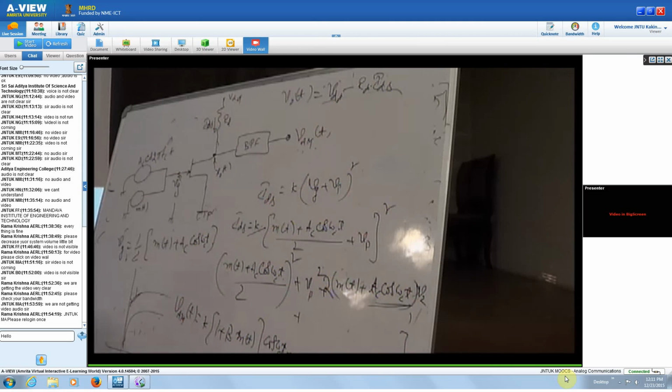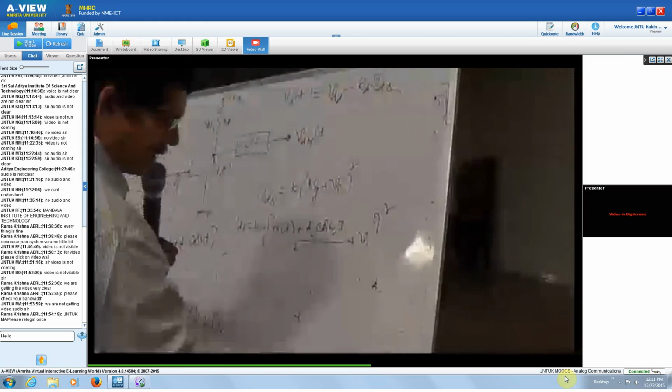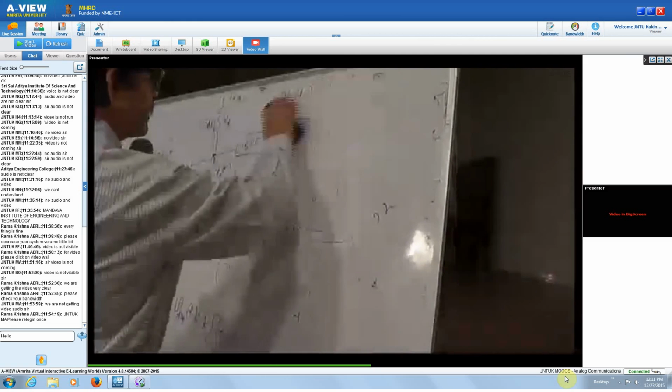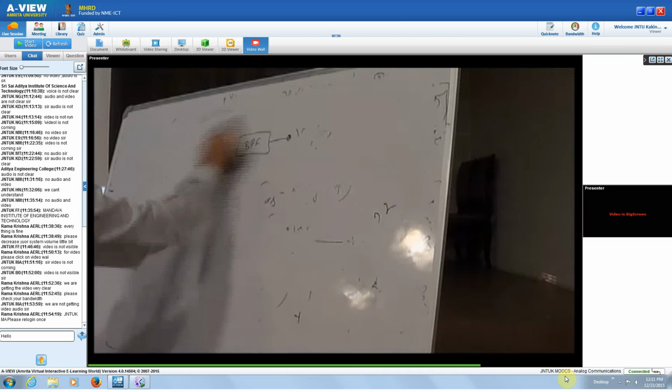Okay, so that is about the generation of amplitude modulation by using either the square law modulator or the switching modulator.